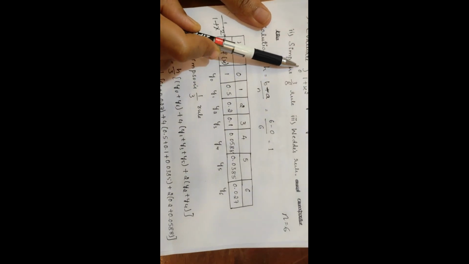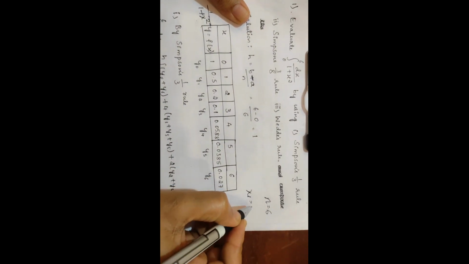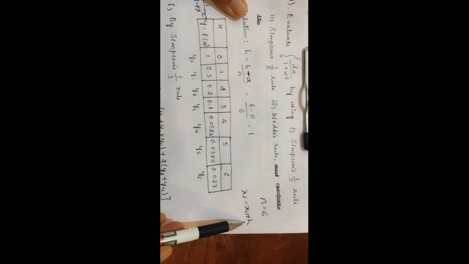The initial term x0, the lower limit, is 0. Then increase x0 by adding h, because x1 is equal to x0 plus h. So x0 is 0 plus 1 is 1. x2 means x0 plus 2h, otherwise x1 plus h, which is 1 plus 1, 2. Like this you have to increase by adding 1.